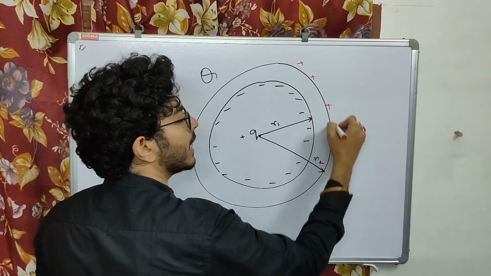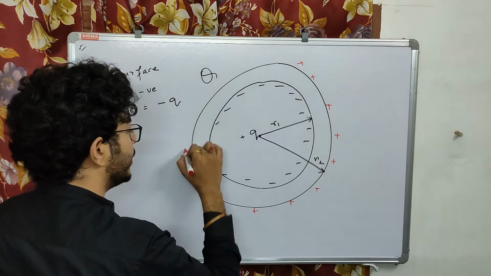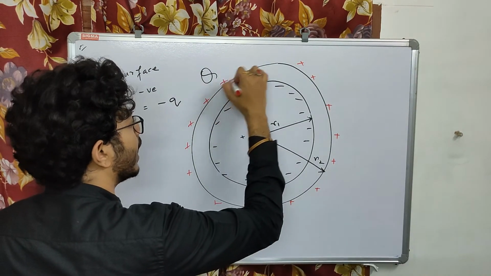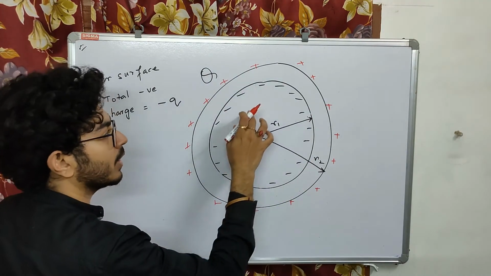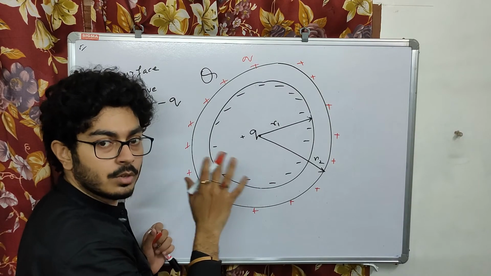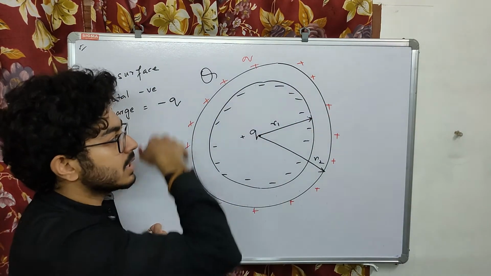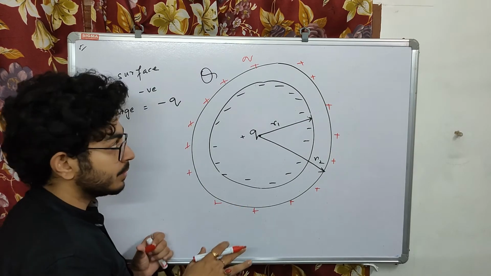So in this part, positive q should appear. We already know electrostatic induction, right? And also from conservation of charge, if minus q appears over here, then plus q should also appear over there. The whole system should remain the same number of charge.